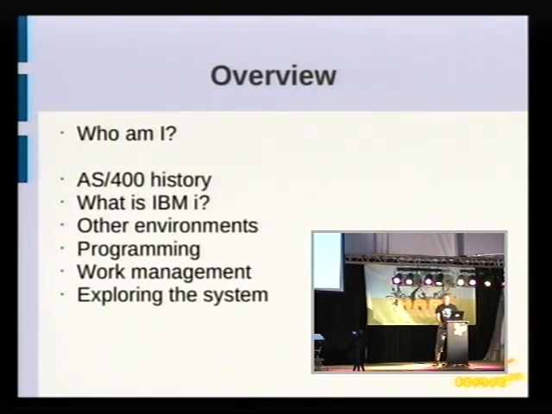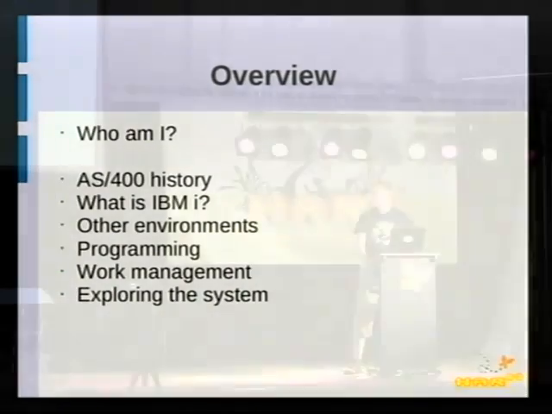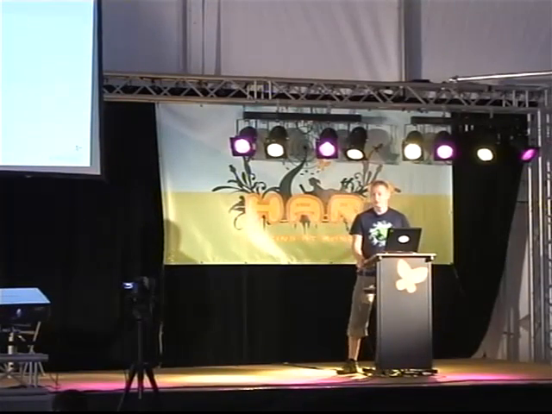Then I will tell you something more about some other environments that are available on the system. A bit about programming, how work is done on the system. And I will show you some interesting stuff that you can do on the system at last.